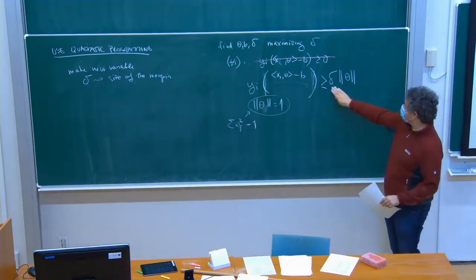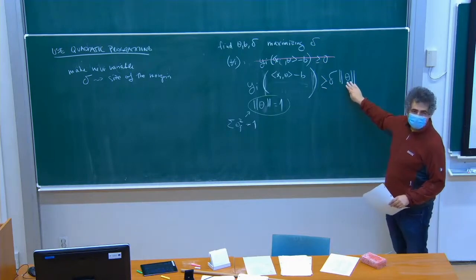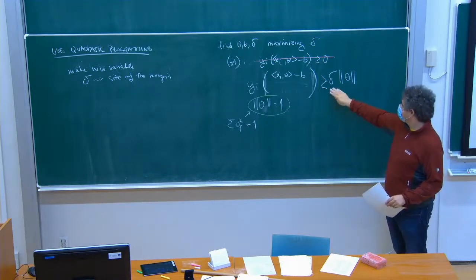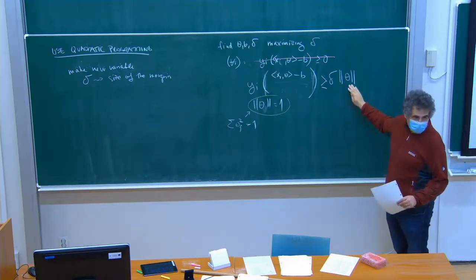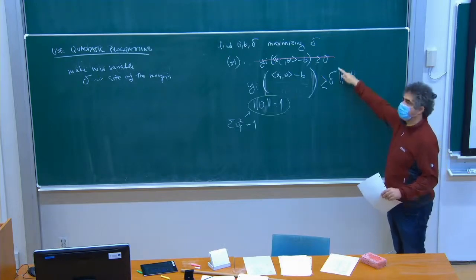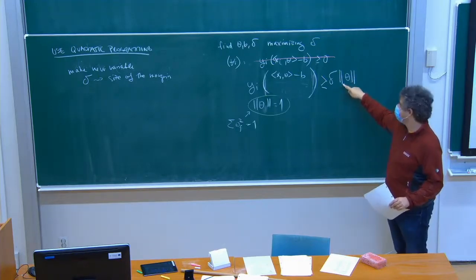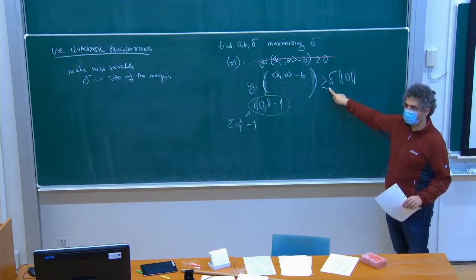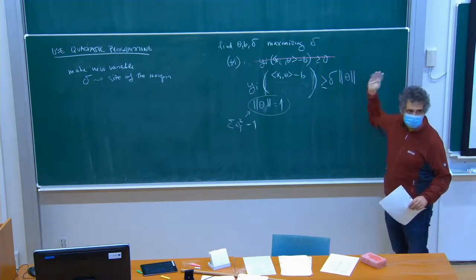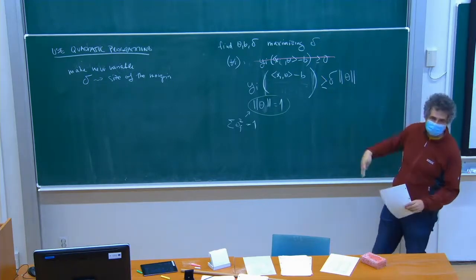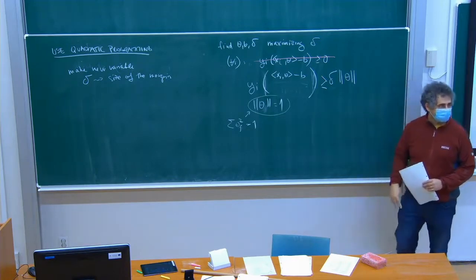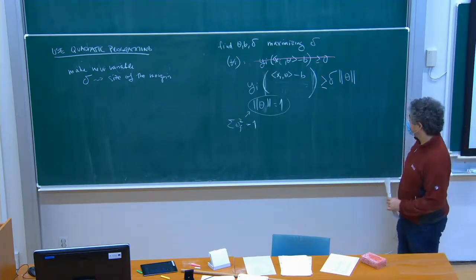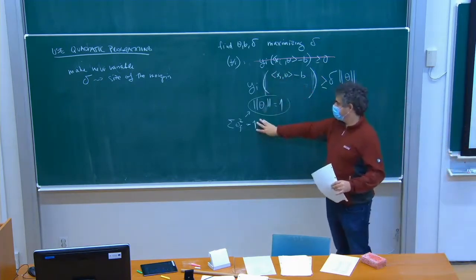And so you have delta times theta. That's not good, because this is not even linear, and this is also multiplied by another unknown variable, right? So that's completely out of the question to have a condition like this. This part is linear. This part is not.